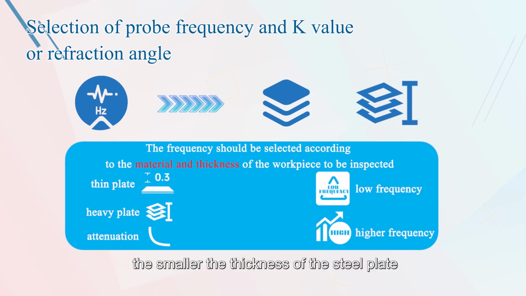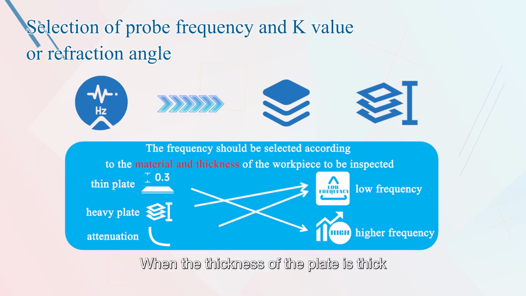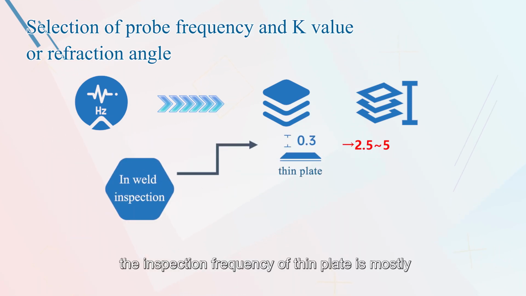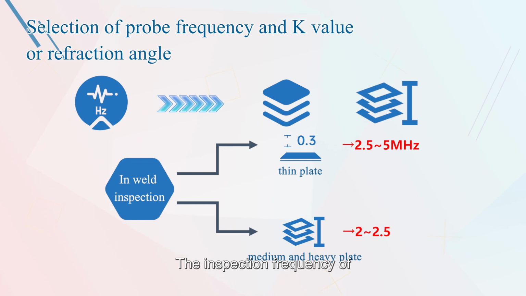Generally speaking, the smaller the thickness of the steel plate, the higher the frequency used. When the plate is thick, or the attenuation of the sound wave by the material is obvious, the low frequency should be selected. In weld inspection, the inspection frequency of thin plate is mostly 2.5 to 5 MHz. The inspection frequency of medium and heavy plates is mostly 2 to 2.5 MHz.